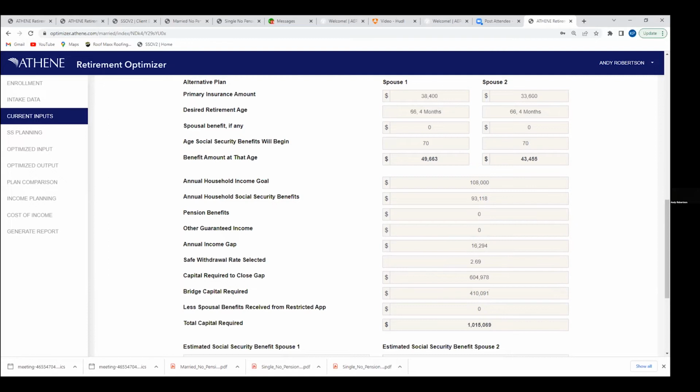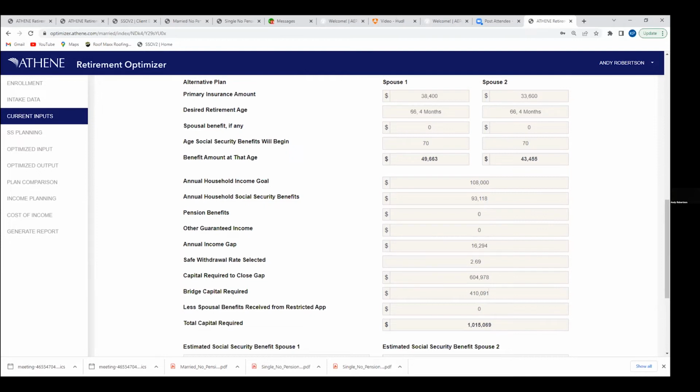We calculate how much of their retirement capital they need to utilize to carry them during that bridge period, to get them from 66 and 4 months to 70, when Social Security benefits would kick in and the $604,978 would close the gap. What do we need to carry them at 108,000 inflated by 2.5% for the remaining time between 66 and 4 months and 70? And that's the bridge capital. So that's the bridge period.